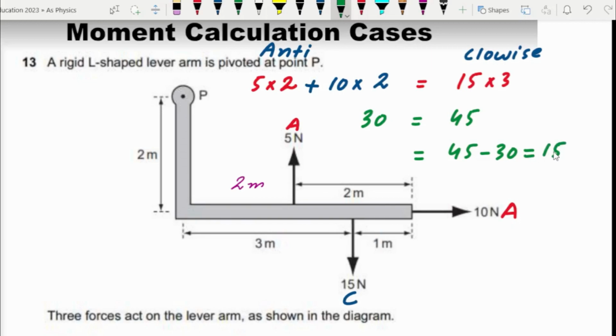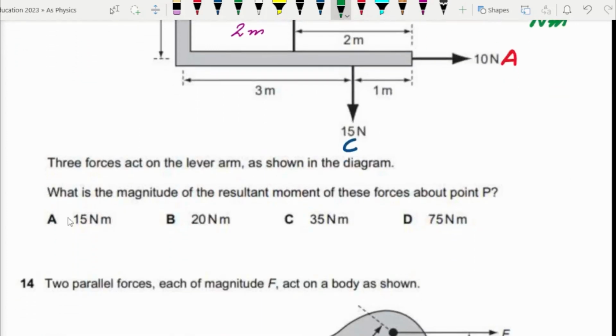So you see there is a resultant moment of 15 Newton meter, or a moment of 15 Newton meter is extra anti-clockwise. Now if you want to balance the system, you have to produce a moment of 15 Newton meter anti-clockwise. So on both sides you have 45. Like in this situation it can't be balanced because it has a resultant moment which is 15 Newton meter.